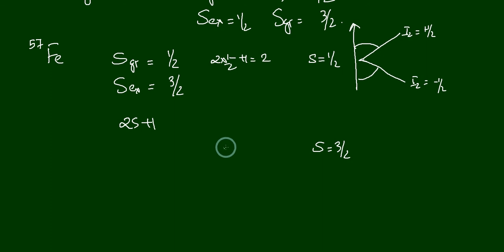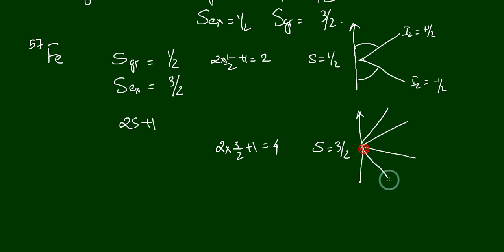In the case of 3 by 2, 2S plus 1 is 2 into 3 by 2 plus 1, which equals 4. Therefore, four orientations are possible in the electric field. One will be like this, another like this, another like this, and another like this.